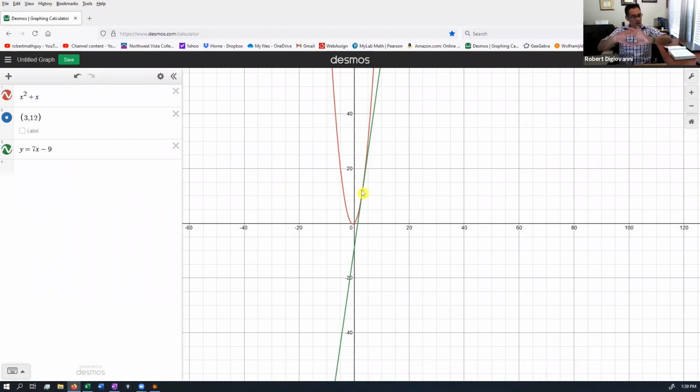So again, take a step back. Think about this. Walking into class today, if I had given you this function, x squared plus x, a parabola from college algebra, and said go to the point x equals 3 on the graph and tell me the equation of the line that goes through that point and is tangent to the curve, you would probably have said, I have no idea how I'm going to do that.